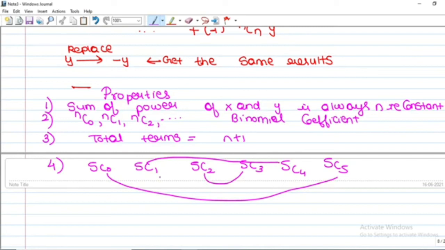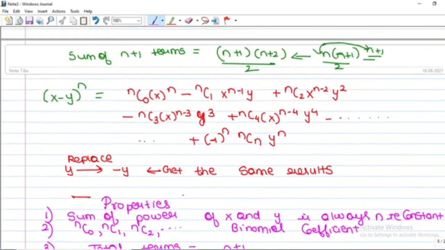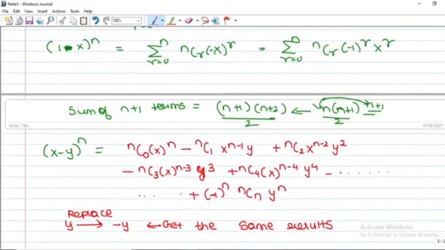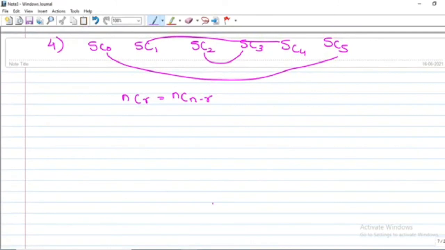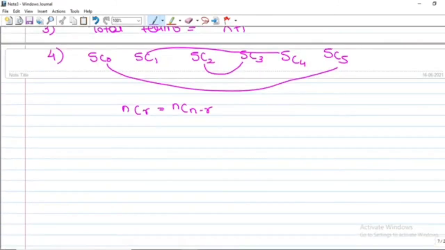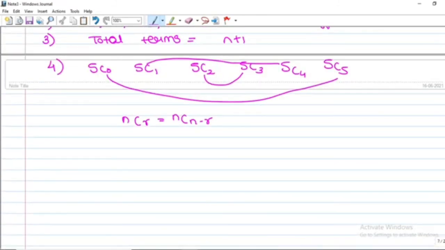So terms from the extreme, from both the ends, if the positions are symmetrical, then the values will be the same. That's it, binomial coefficients, which is justifying the property that nCr equals nC(n minus r). You can verify all these results by observing this. Don't worry, we are going to take some practical examples on expansions, then you will become comfortable. You will observe this thing practically happening when you expand.